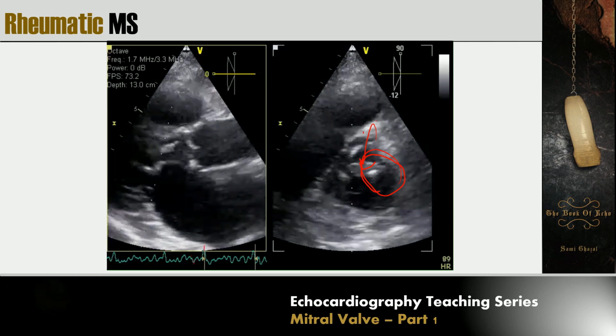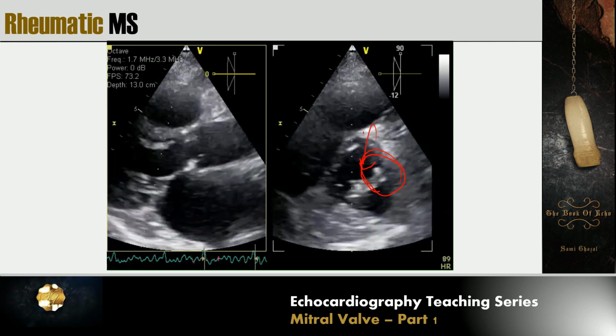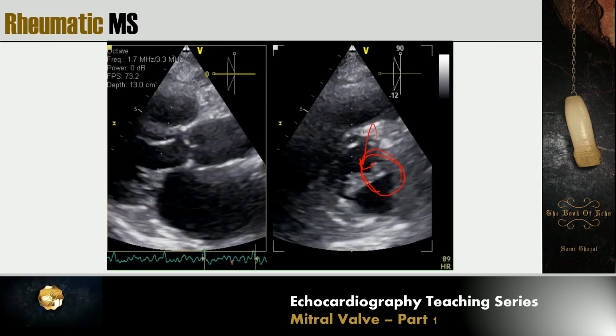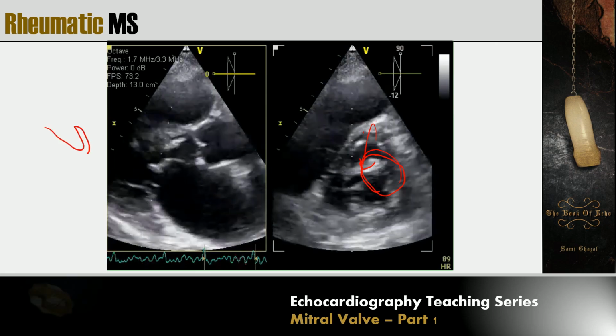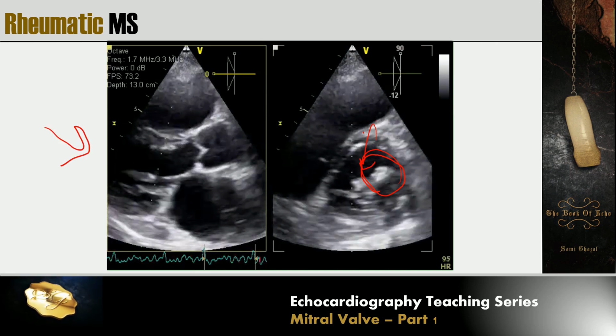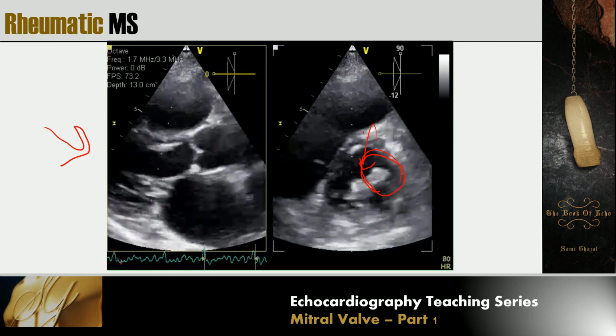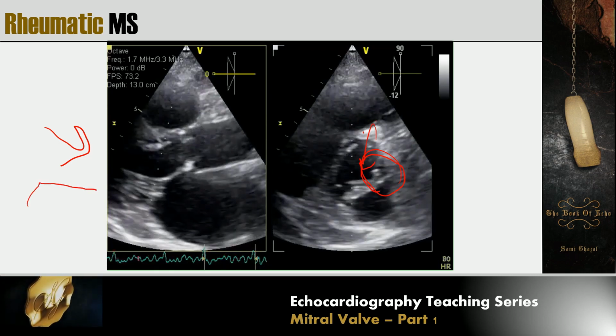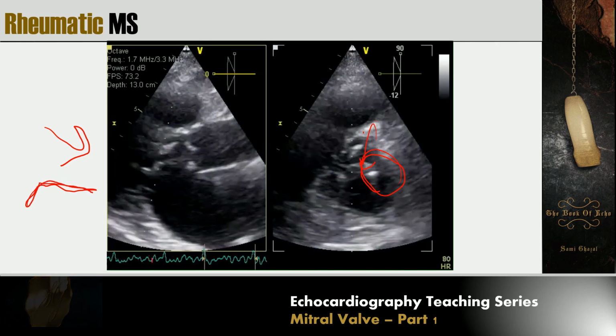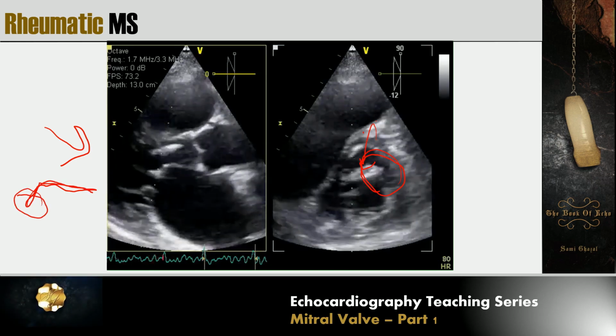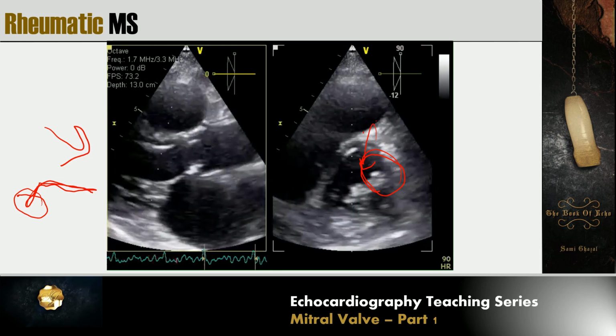Also, if you note the mitral leaflet tips on the left side here, you will see that there is a hockey stick appearance. So the anterior mitral leaflet will be something like this. It will be attached at the tip, and this is because of the commissural fusion.